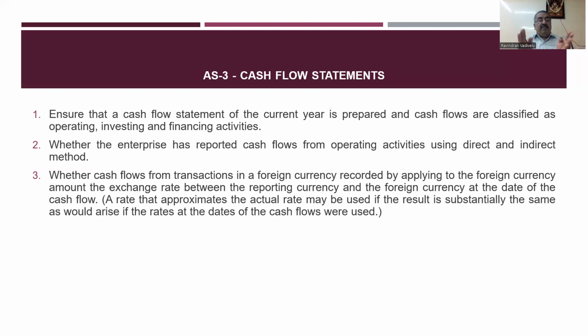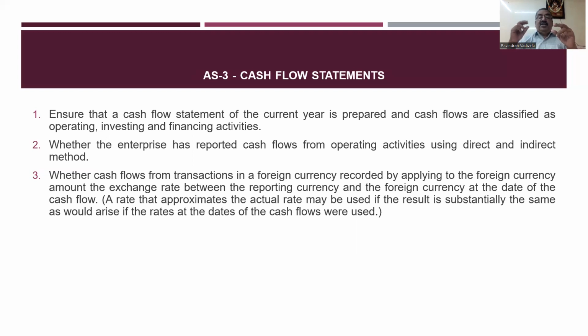Suppose you are preparing the cash flow statement on a particular day, what is the rate of that foreign currency? That is when you have to convert the amount into Indian rupees, because everything is being valued in India in Indian rupee. Suppose what is the $1 rate? So you have to follow the direct method of valuation, direct quotation of valuation, that is $1.